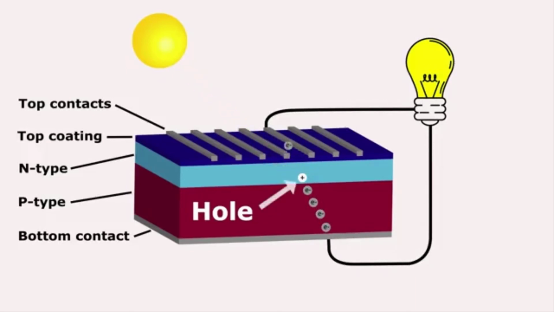When the electron returns from the circuit through the bottom contact of the silicon, it fills the positive hole that was left behind in the P region. So that's a bit of a simplified version of the light to electricity conversion that occurs in silicon semiconductor photovoltaic cells. As was said earlier, most widely used photovoltaics are made of silicon, and that's what we'll focus on in this course. However, there are some other materials that can be used to create photovoltaic cells.